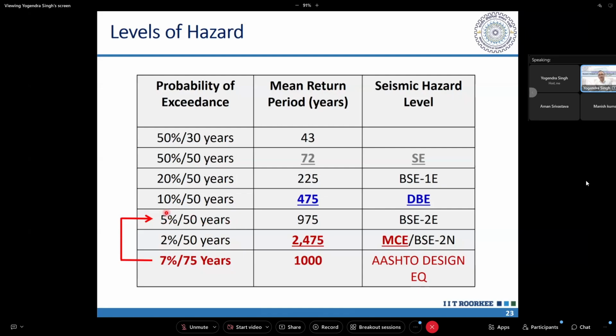So what is used in ASTO in design is this: 5% in 50 years in place of 10% in 50 years, what is given in our code. So ASTO is designing the bridges for higher return periods or higher intensity of shaking as compared to our code.